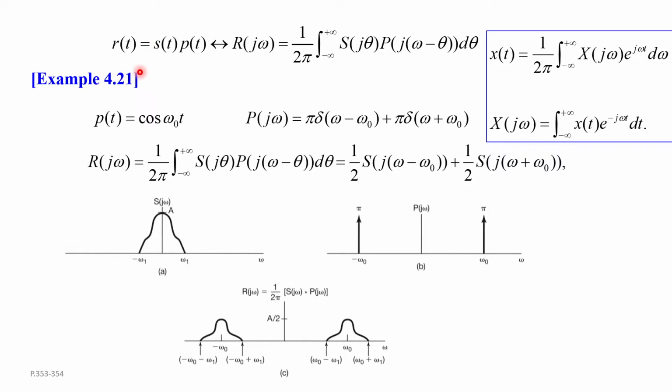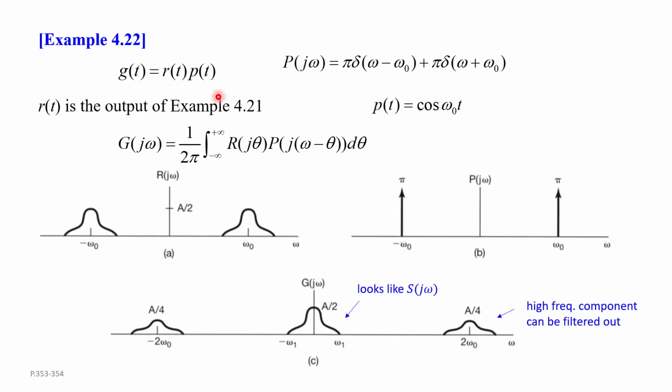If you multiply your r of t with your cosine omega t again, we can do a similar calculation. We once again go to the frequency domain, and p of t in the frequency domain is those two spikes. Now think about this r of t getting shifted by those two spikes of p of t. Then you get shift left, shift right. This one shifts to here, and this one shifts to 2 omega naught.